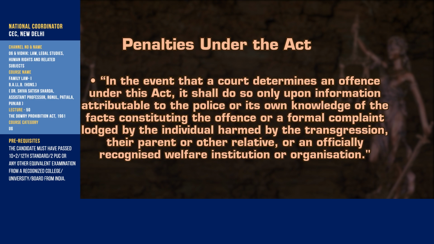In the event that a court determines an offence under this Act, it shall do so only upon information attributable to the police or its own knowledge of the facts constituting the offence, or a formal complaint lodged by the individual harmed by the transgression, their parent or other relative, or an officially recognized welfare institution or organization.